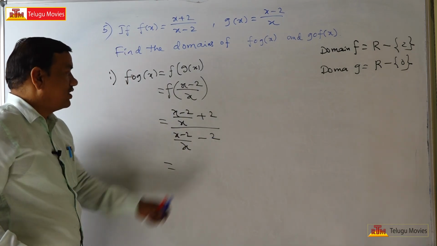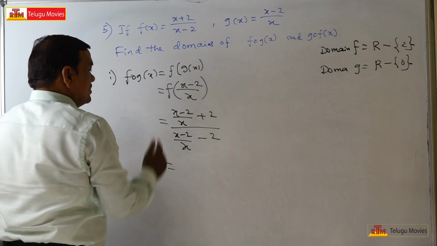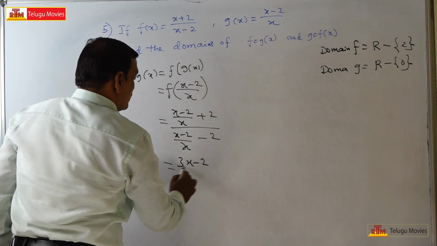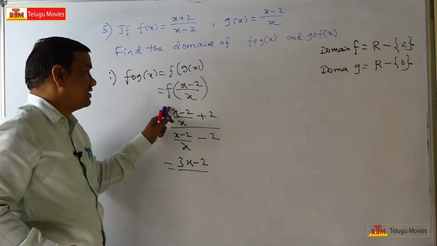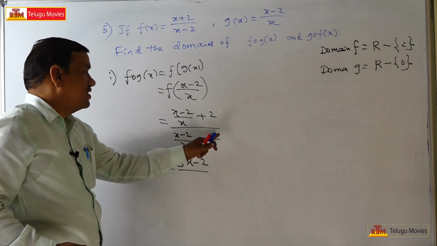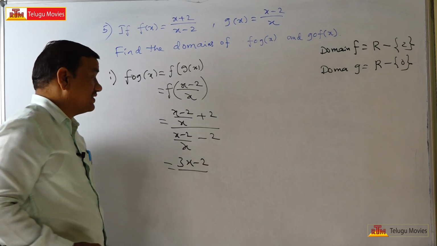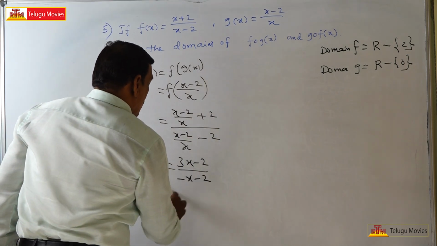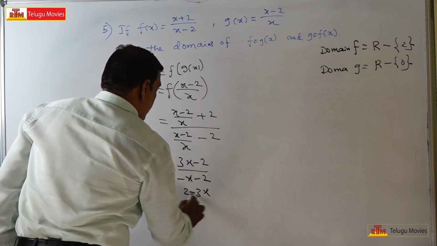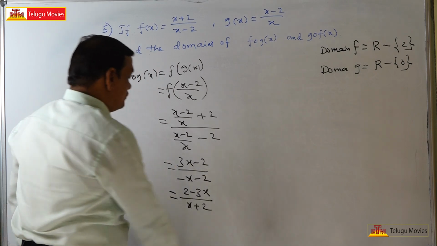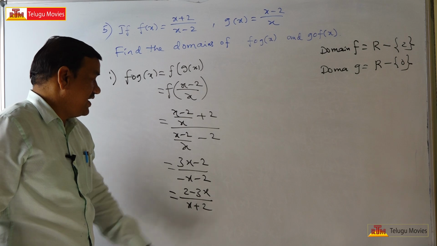Now calculate here. So this is 2x, this is 3x, 3x minus 2. So 2x plus x, 3x minus x will cancel. So this is minus 2x. Altogether this is 2 minus 3x by x plus 2.